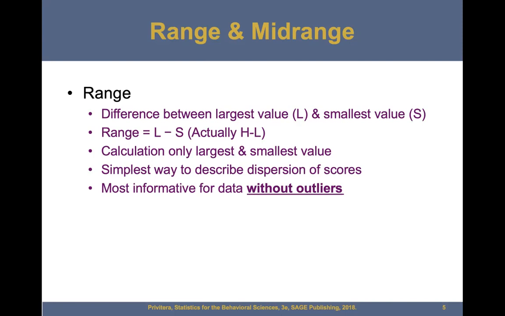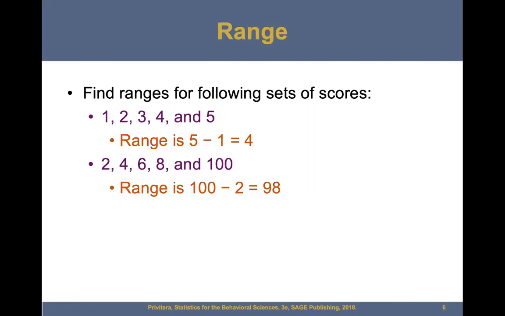For example, if we want to look at the range of these scores, 5 minus 1 is equal to 4. That's the range, from the highest number to the lowest number. 2, 4, 6, 8, and 100. 100 minus 2, 98 is the range.